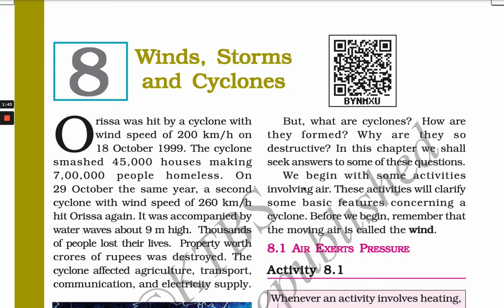So mostly the eastern coast of India is much more affected by the storms than the west coast. That is the coast that borders the Indian Ocean, and the states bordering the east coast are mostly affected by cyclones and storms.